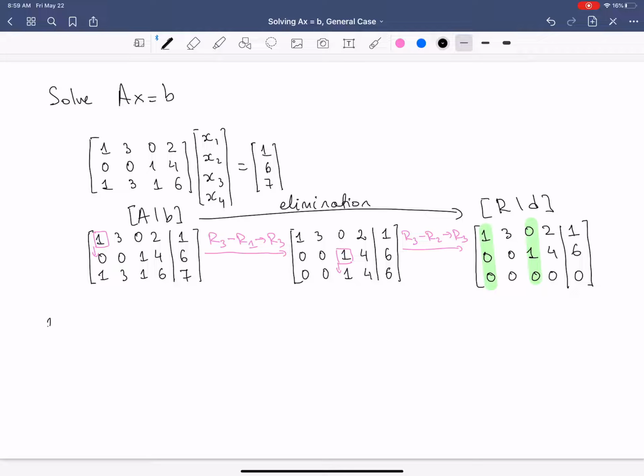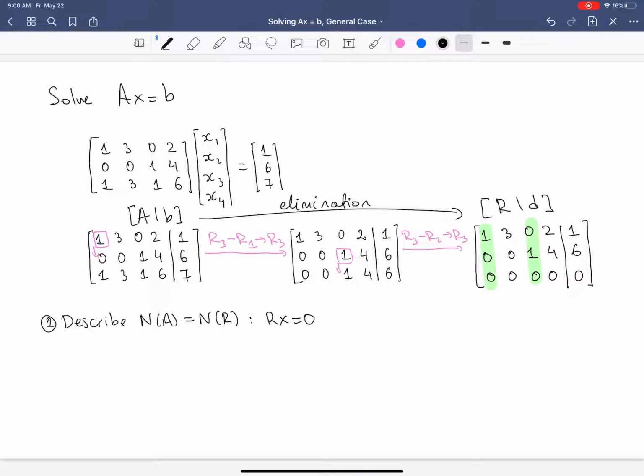So the first step is to describe the null space of A, which is, by the way, the same as the null space of R, which is the solutions to Rx equals 0 or Ax equals 0. But the whole point of going to R is because it's much easier to find the null space of R than it is to find the null space of A.